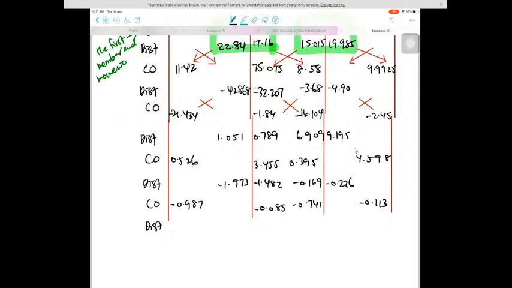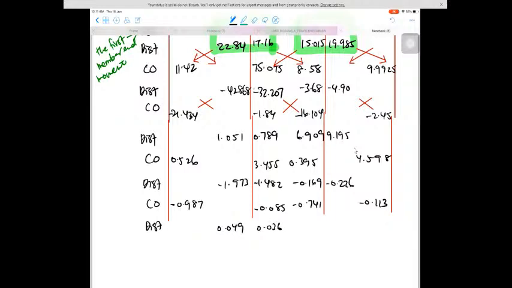We distribute 0.085 times 0.571. We get positive 0.049. 0.085 minus 0.049, we get here 0.036.